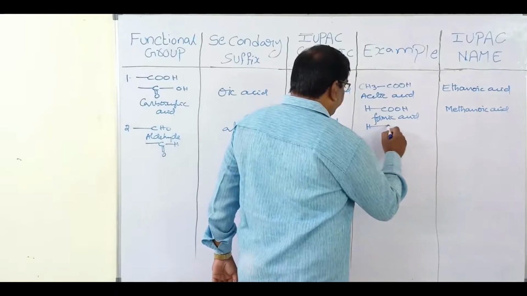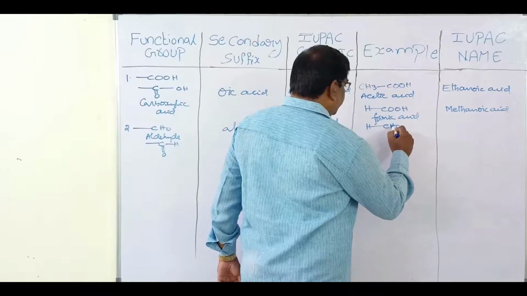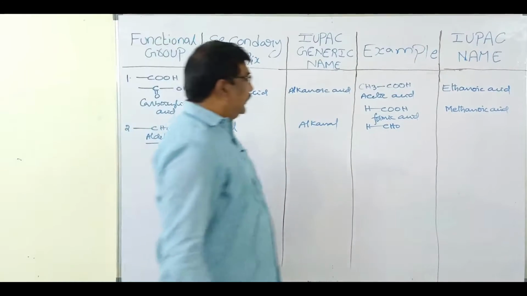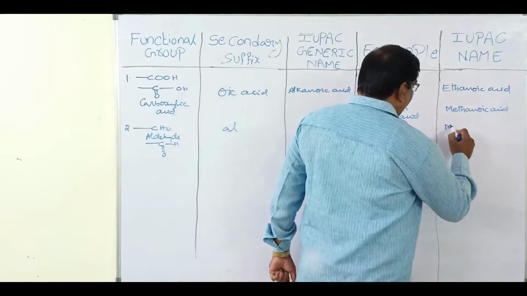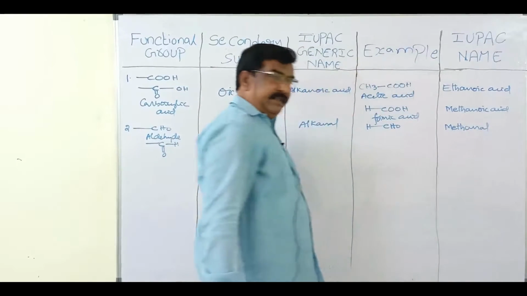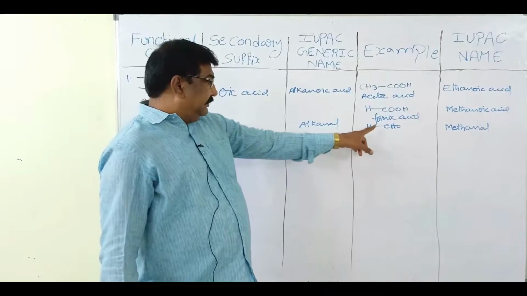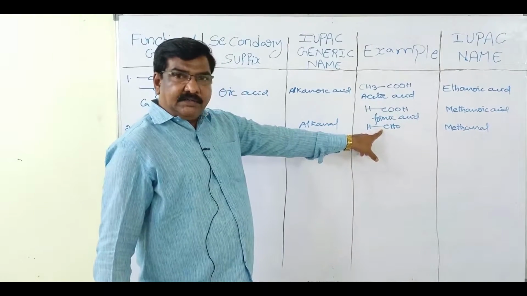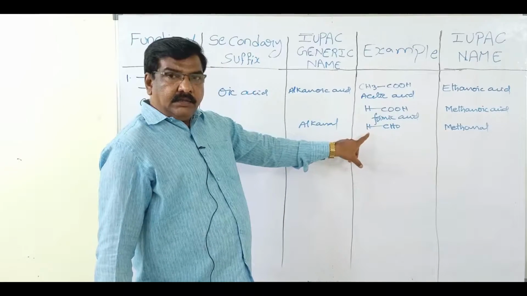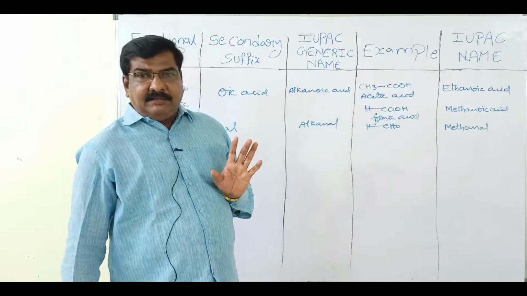Example, HCHO, commonly known as formaldehyde, and in IUPAC it is called methanal. Because there is only one carbon, it is methane. E is replaced by al, methanal.